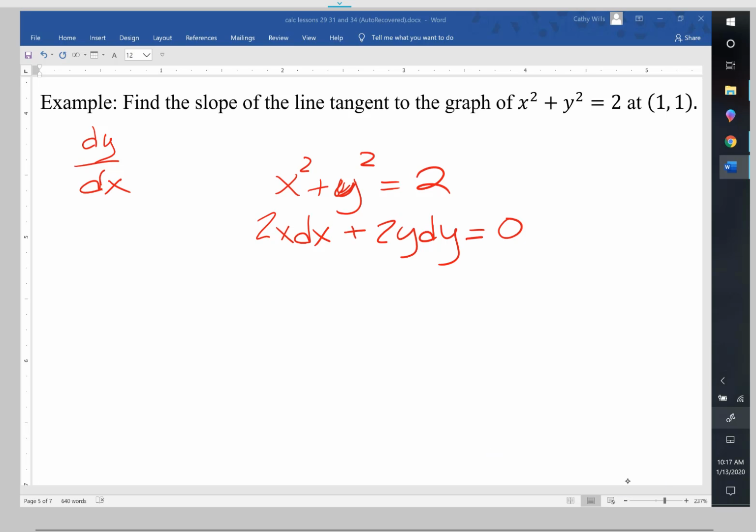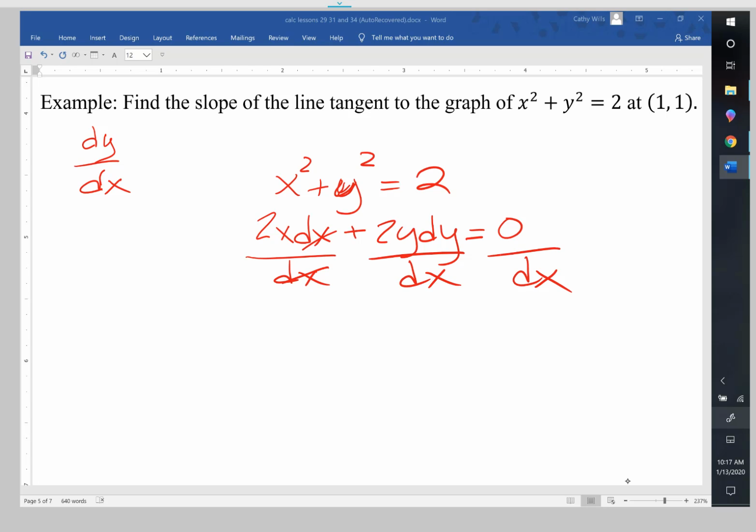All right, so we found the differential of every term. Now we need to divide everything by dx, since we're looking for dy/dx. So in terms of dx, we're going to divide everything by dx. The dx cancels here. So we have 2x plus 2y dy/dx equals 0.